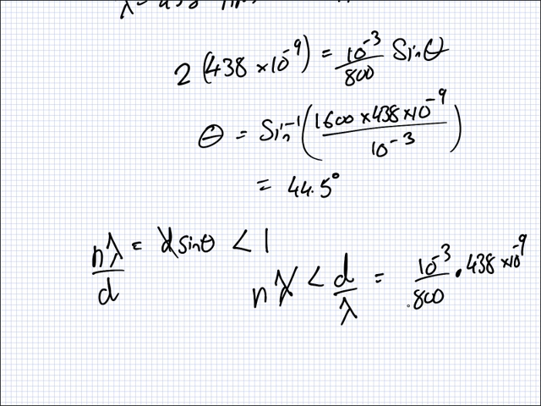I've done something upside down, that should be divided. So what do you get here? Something like 2.8, whatever it is. So you can see the maximum n can be is 2, which is what they asked us to show.